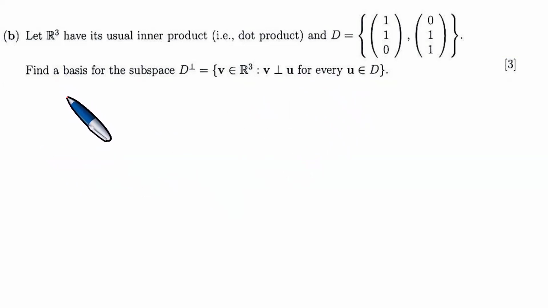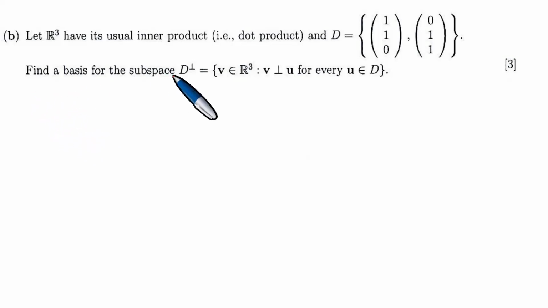So to find a basis for the subspace D-perp, we proceed as follows. What we do is we consider vectors, and say we have the following vectors.